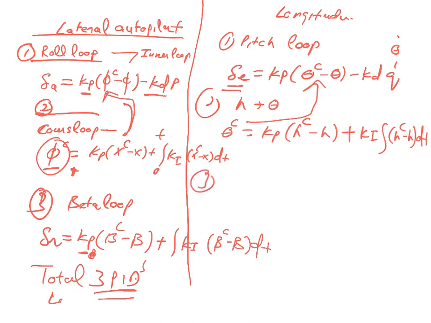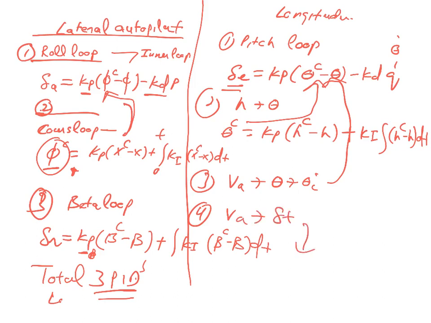Third is again your airspeed Va using theta. Similarly, from here you get theta commanded, and then you call this loop again to get delta E. The other one is airspeed using throttle, delta T. So this is directly used.